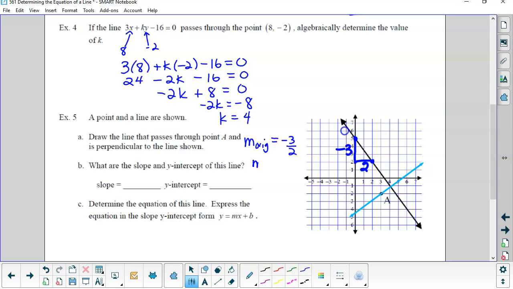So slope perpendicular, change the sign and take the reciprocal, so 2 over 3. Let's check it. Did I get 2 over 3 with this? From this point, I go up 2 to the right 3, or down 2 to the left 3. So I'm a little bit off. That's why I said use pencil. So I'm going to take my line here and fix it up a little bit. Okay, there.